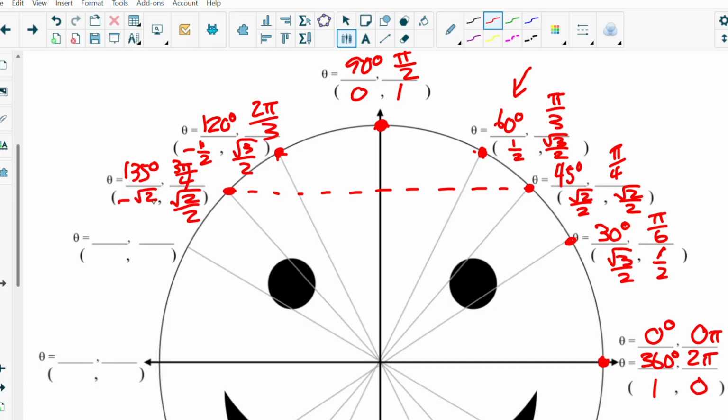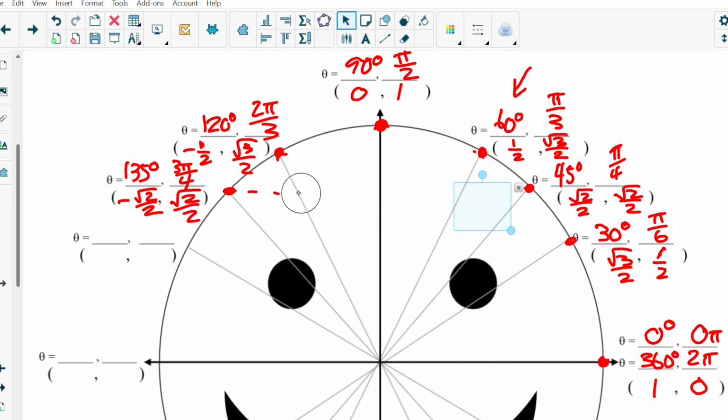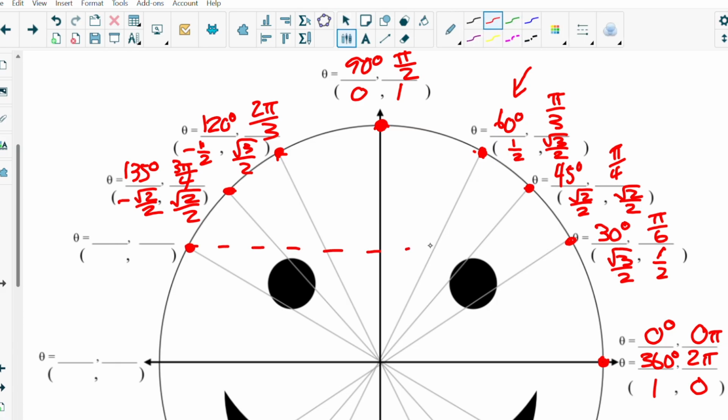And this is negative square root of 2 over 2. Okay, continuing. That's 1/2, but it's negative square root of 3 over 2. And then this is 150 degrees, or 5 pi over 6.